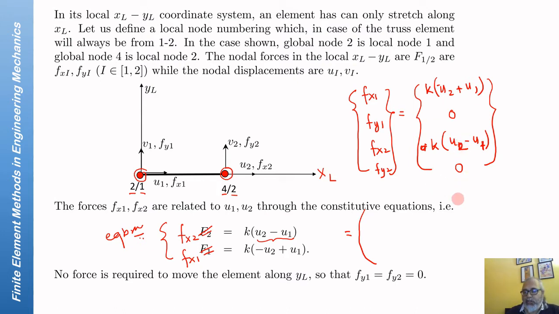Okay, so now I'm going to write this as a 4 cross 4 matrix with u1, v1, u2, v2. So u1, v1 are the degrees of freedom at local node 1, u2, v2 are the degrees of freedom at local node 2.